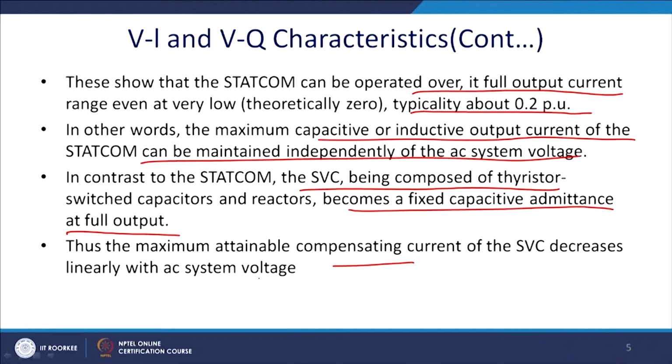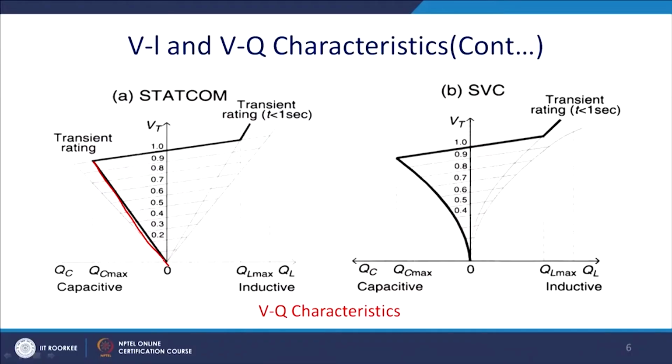Thus, the maximum attainable compensating current of the SVC decreases linearly with the AC system voltage, and thus the Q handling capability also decreases. This curve corresponds to Q and V, and essentially it is an admittance curve.